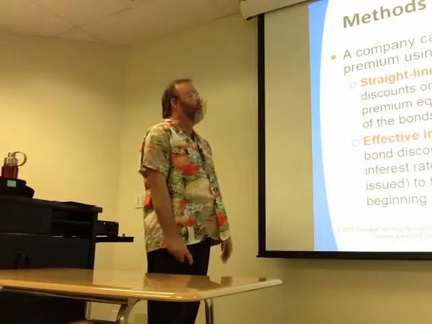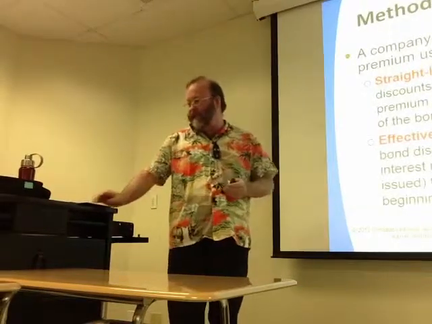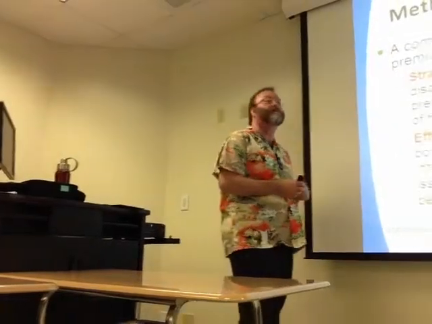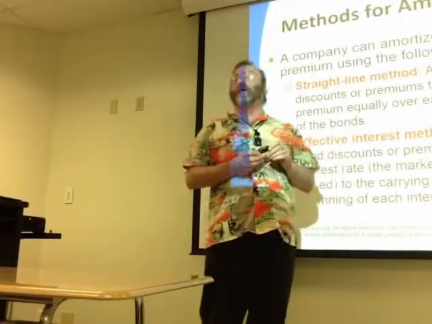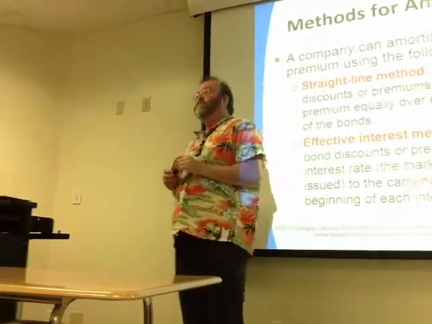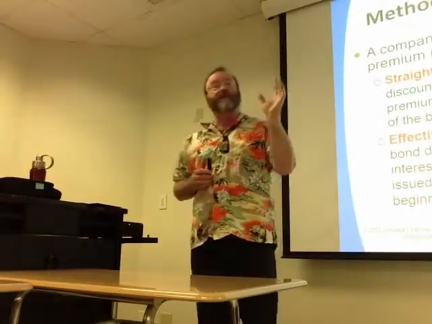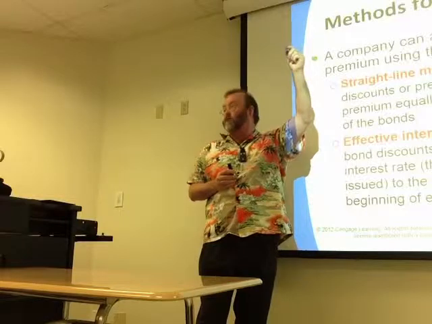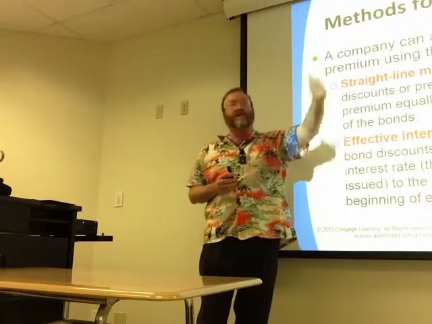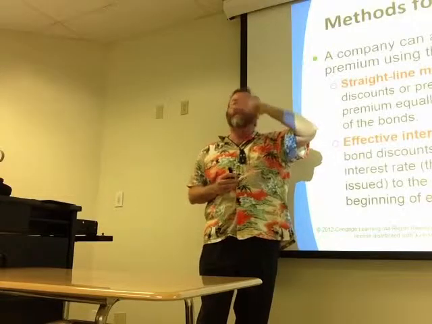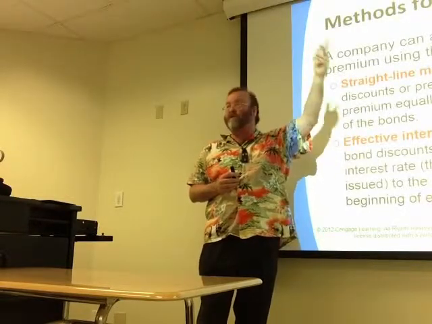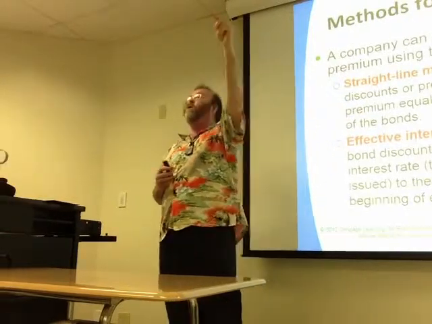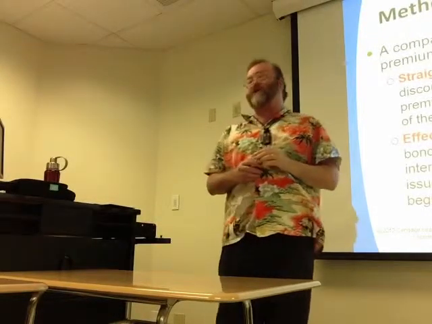All right. The last part of this chapter is, what do we do after we sell it? Well, we have to calculate the interest. Interest expense is either increased in the case of a premium, because you're paying, in essence, extra interest, or decreased in the case of a discount, because the market wanted more than you're paying, or you're paying less interest than cash.